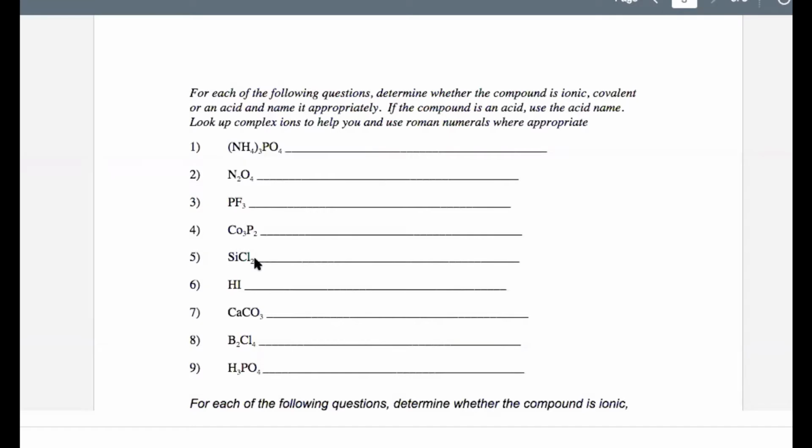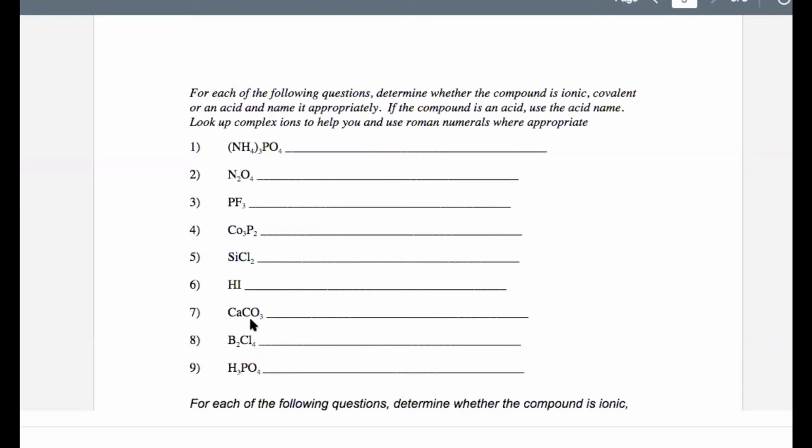But in terms of naming, the convention, as far as I understand it, if I'm on the right side of that division, then I'm going to treat it like a non-metal. So silicon's considered a non-metal for naming. Okay, what about 6? Is it an acid? Yeah, 6 is an acid. I have hydrogen on the left.